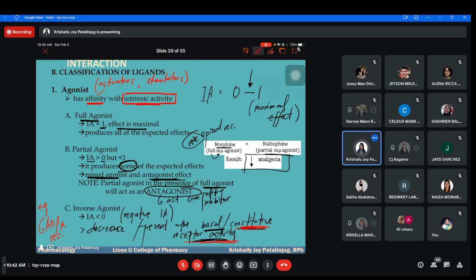Of course, kapag basal activity, it's not equivalent to the activity being elicited kapag may agonist na nag-bind sa kanya. Basal lang, no? Basal constitutive activity. Meron siya.